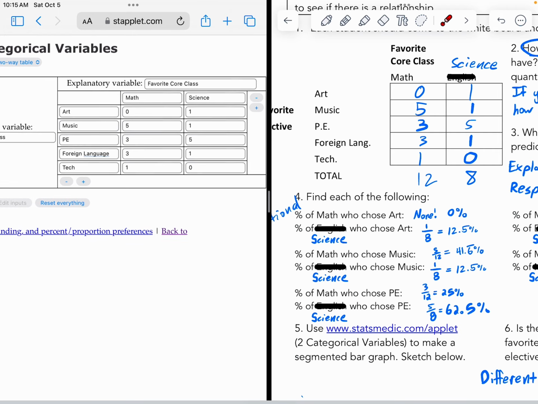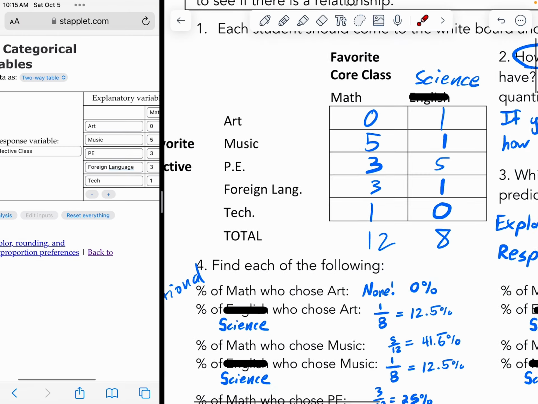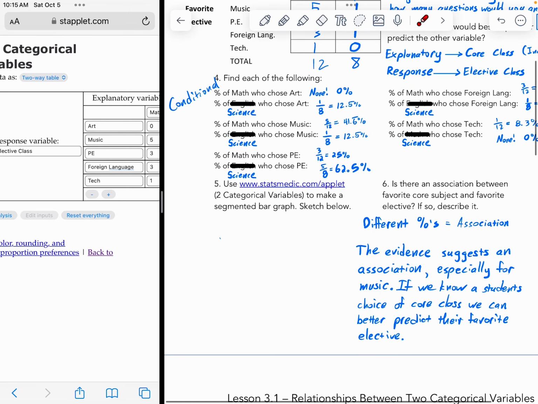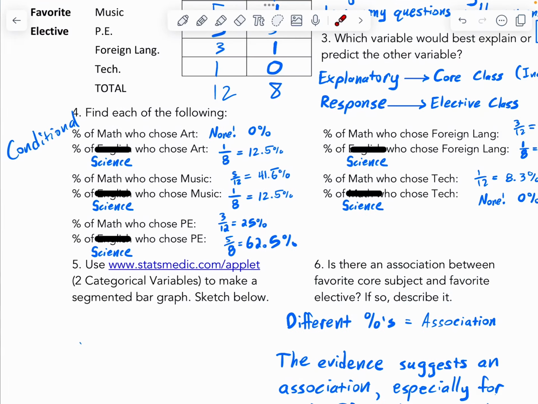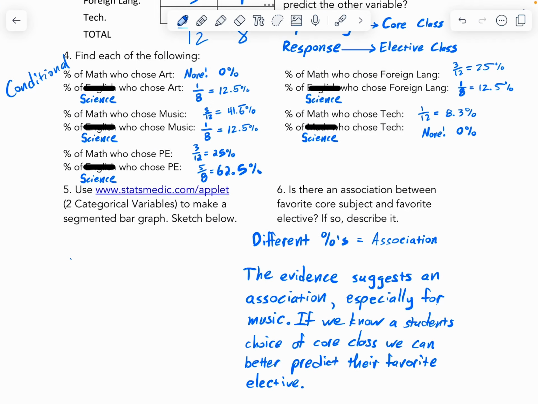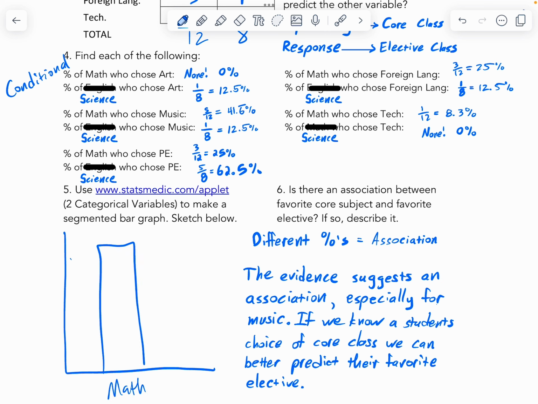Before I actually have it do it for us, let me just say, if you were trying to do this by hand, right? Okay. If I was trying to do it by hand, I'd have a bar here for math, a bar here for science, and then this would be 100%.